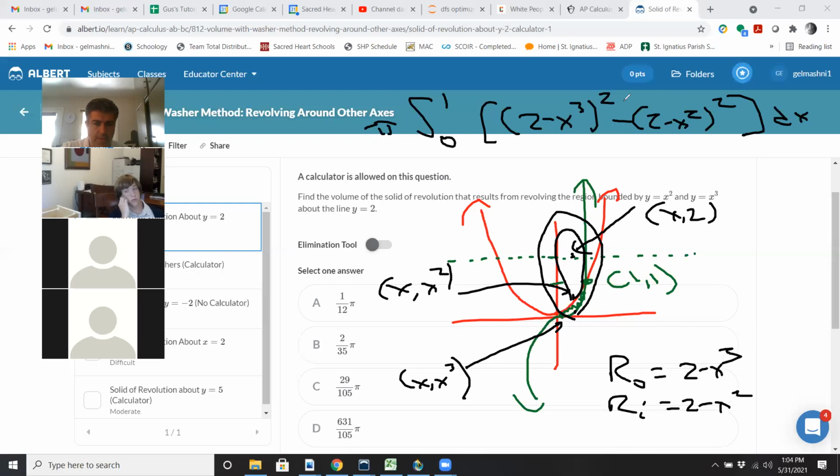So I get 0.276. I convert that to a fraction, and I did get the fraction, 29 over 105. So yeah, you should get this choice. So hopefully we're okay on that one.